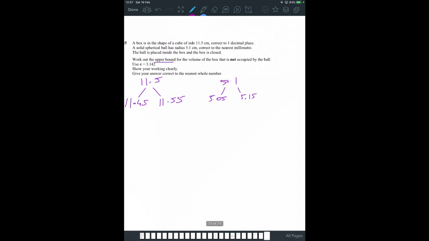We want the upper bound for the volume of the box which is not occupied. So that volume we would normally work out as the cube volume subtract the sphere volume. That will work out what's not occupied. Well, we want the upper bound, so we want the biggest possible cube, but we want to take away the lowest possible sphere.